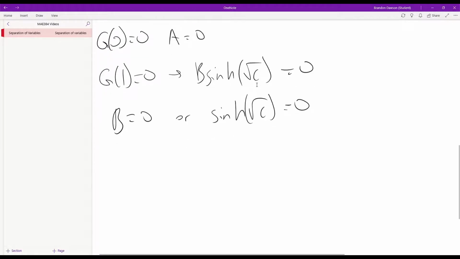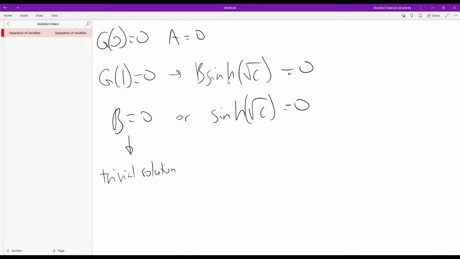If b is equal to 0, it becomes a trivial solution, which just means it is a solution that, while technically true because the coefficients are always 0, doesn't actually add into the final solution at all. It doesn't really influence the final solution. Or we could have sinh of root c equal to 0.